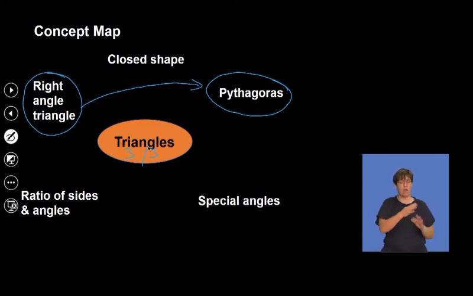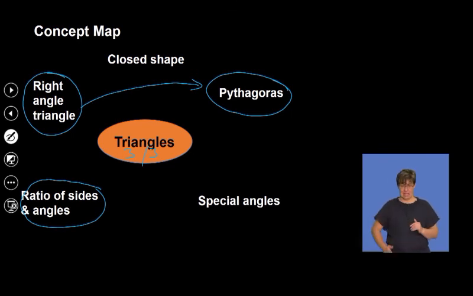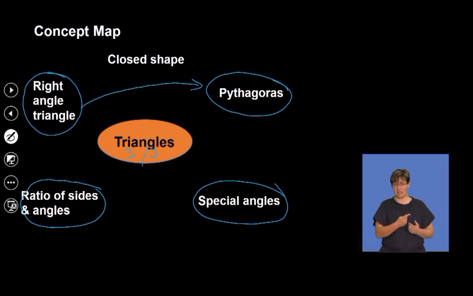Now, from there we can look at the concept of ratios of sides and angles, and the 6 ratios that we spoke about, the main 3 that we can find on our calculator, and the 3 that are reciprocals.